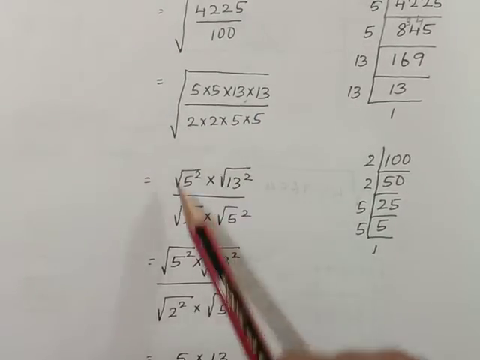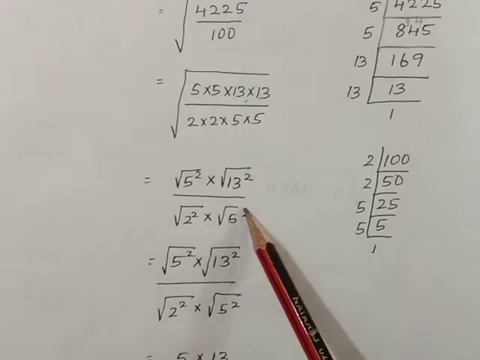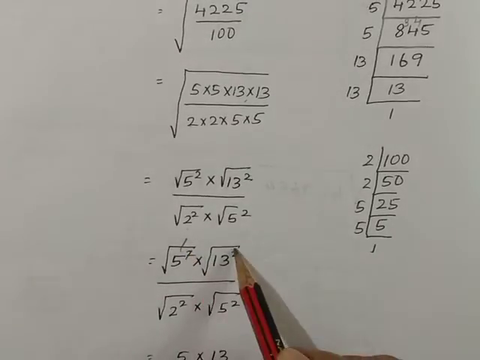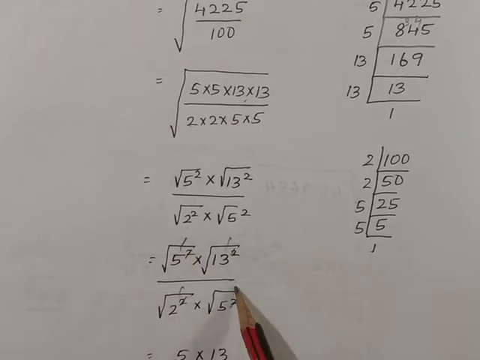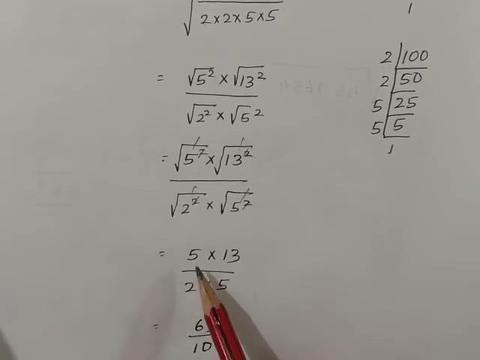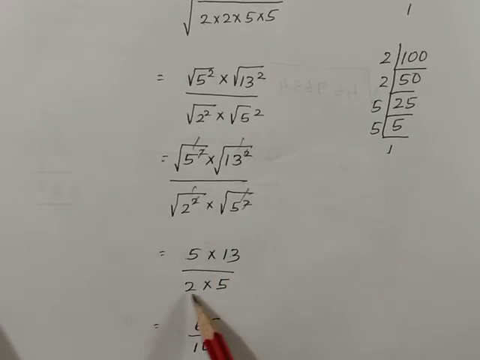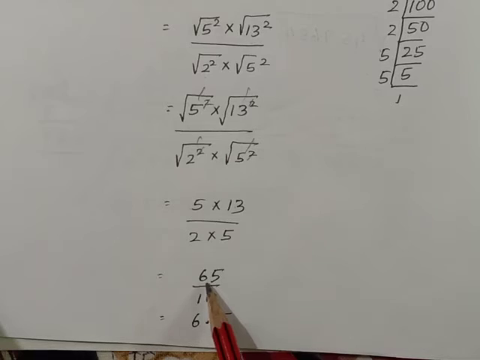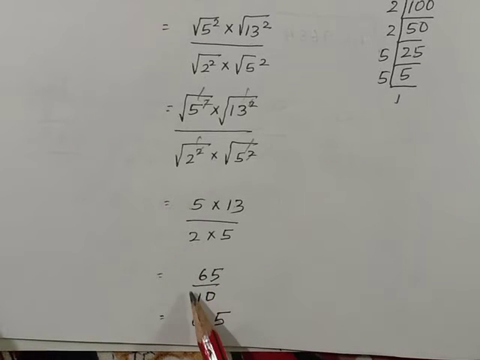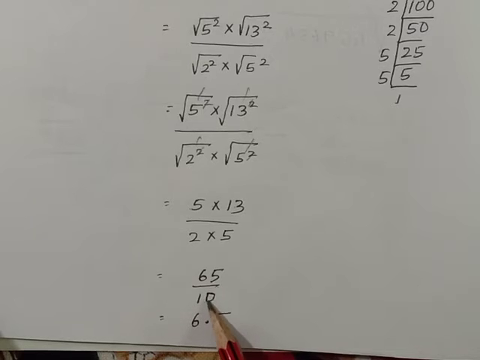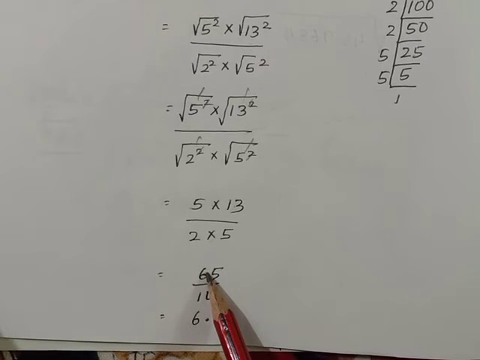In the denominator, 2 square, 5 square. Square and the root get cancelled. So remaining we have 5 into 13 divided by 2 into 5. That is 65 divided by 10. Since we have 10 in the denominator, place the point before one digit.